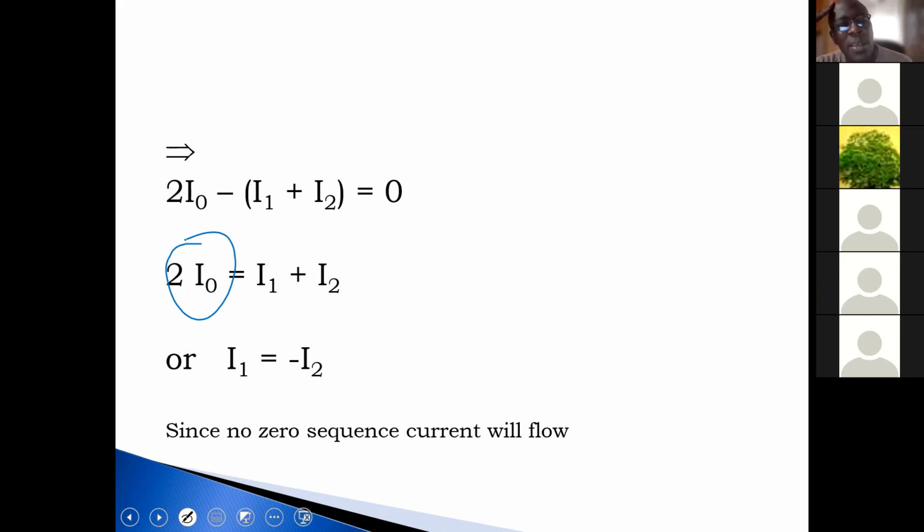And for I1 to be equal to minus I2, what can we say here? Most you can say both currents are flowing in the same direction. But if they are flowing in the same direction, then I1 would be equal to I2.